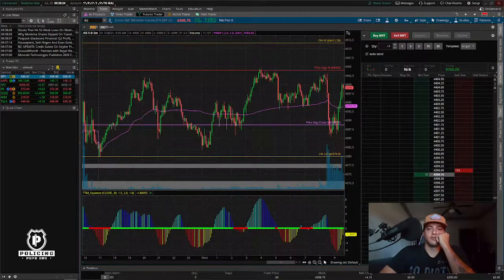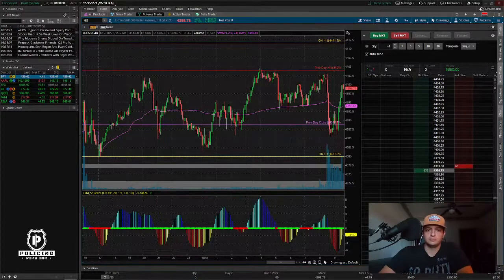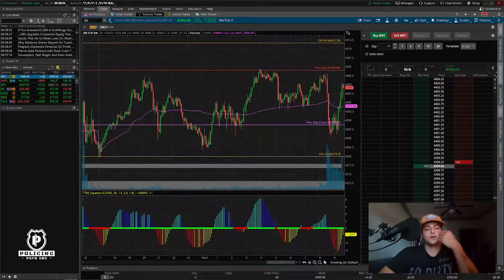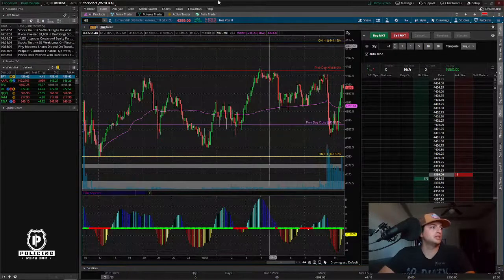I'll look for entry above 4,400 for that one tick, or 2 ticks technically with the MES. You're going to have your 4,400 break potentially here. I fucking need to change this out.